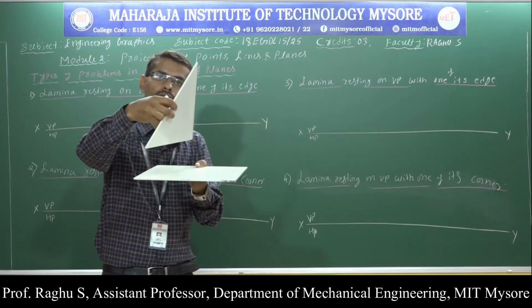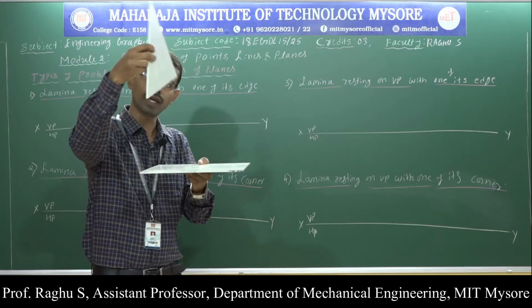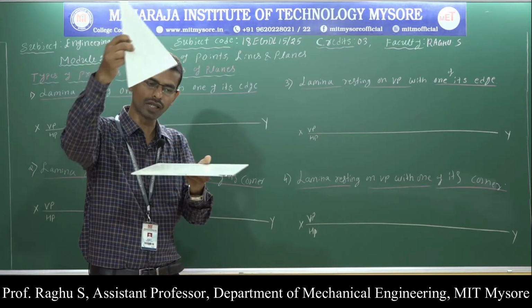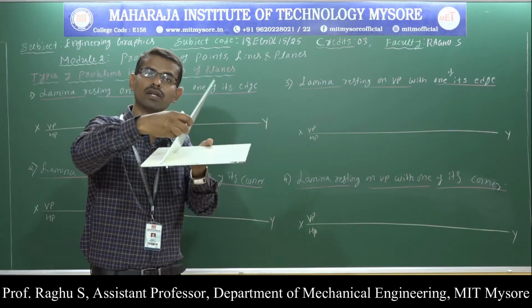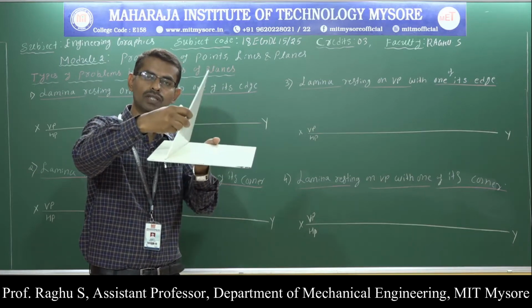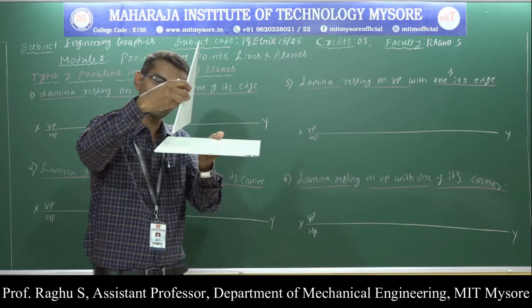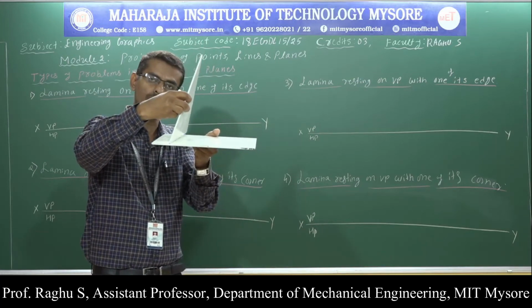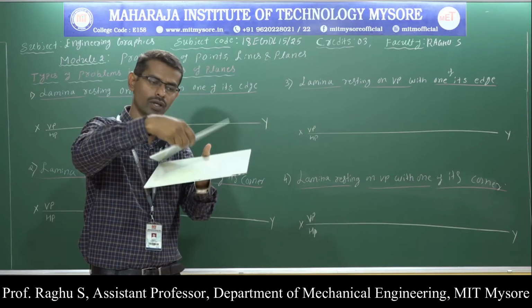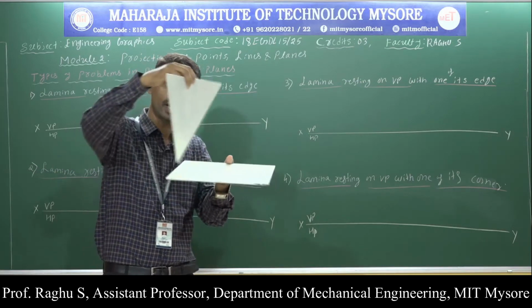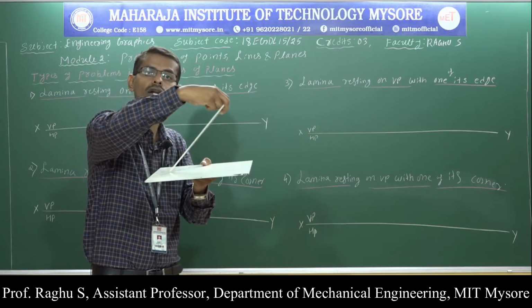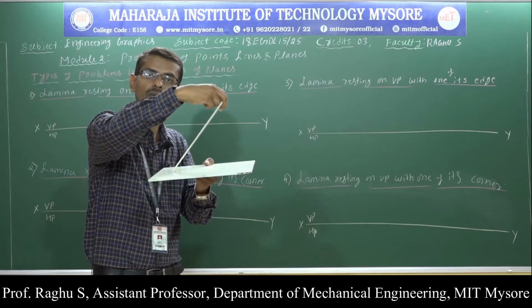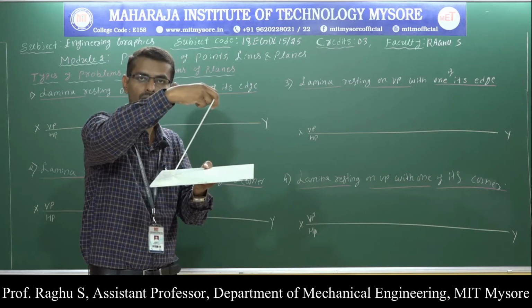Here, in this position, the given lamina is a triangular lamina resting on the horizontal plane with one of its side, the side resting on HP. Now, in this position, the lamina is resting on HP with one of its corner.